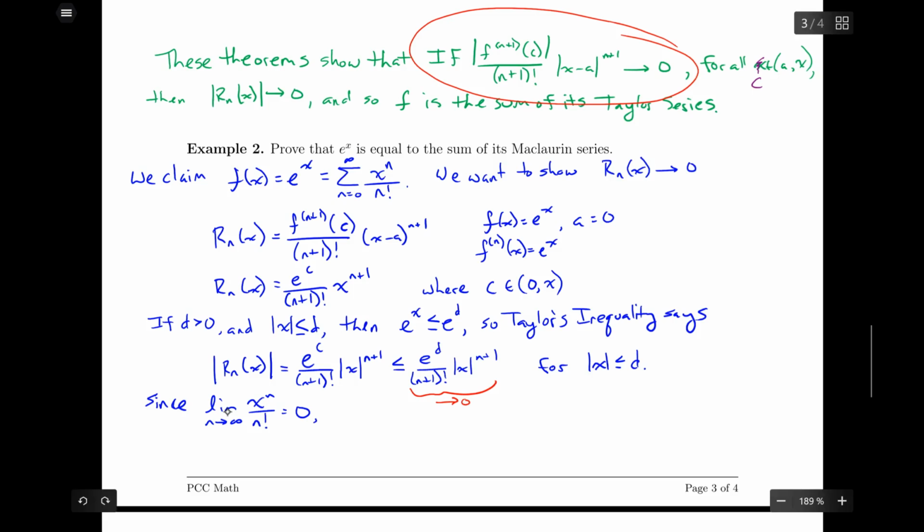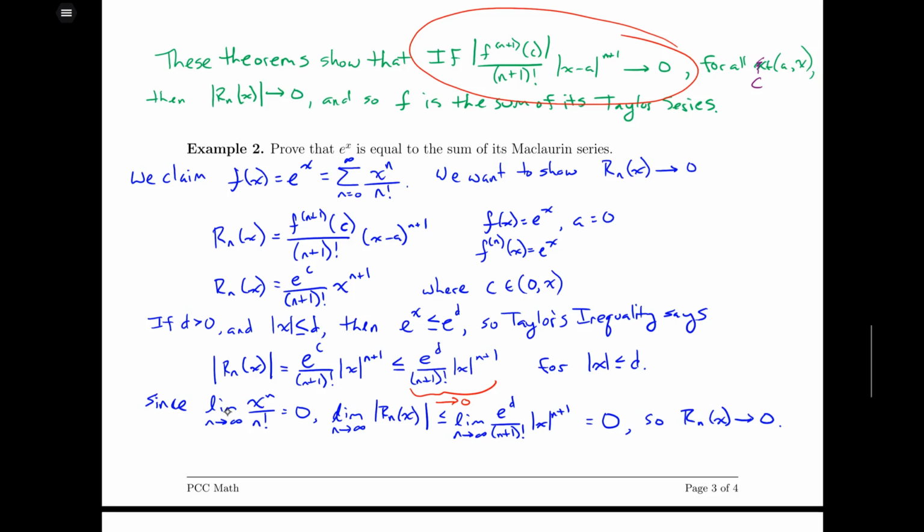So the limit as n approaches infinity of the absolute value of r sub n of x is less than or equal to the limit as n approaches infinity of e to the d over n plus 1 factorial times the absolute value of x to the n plus 1. That's equal to 0. So we've just shown that r sub n of x goes to 0.